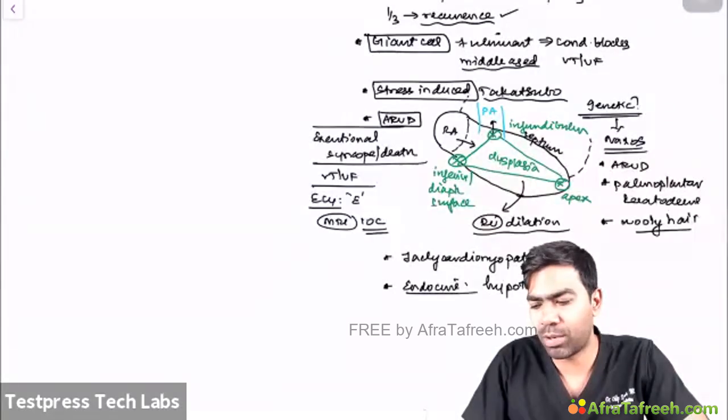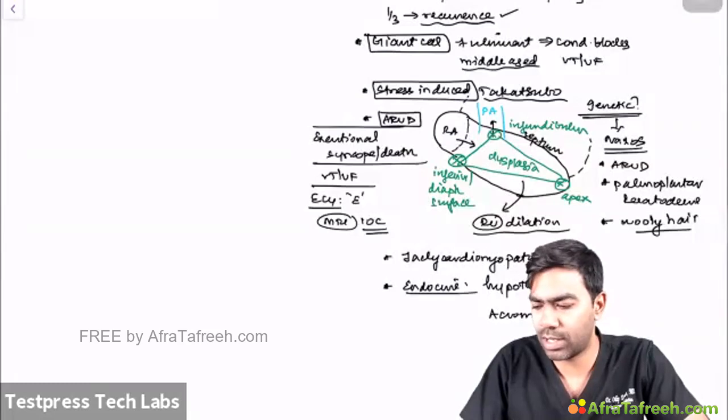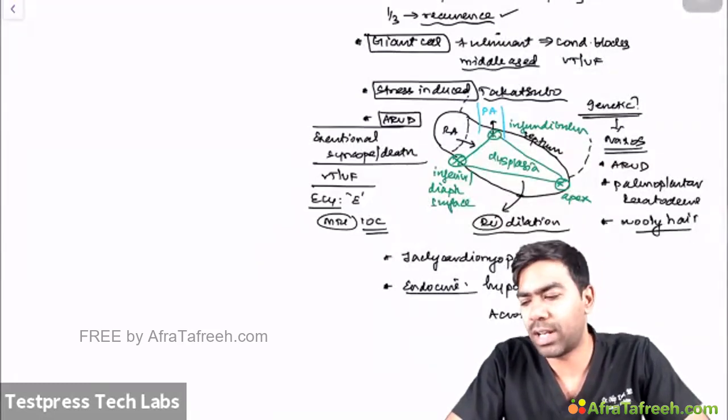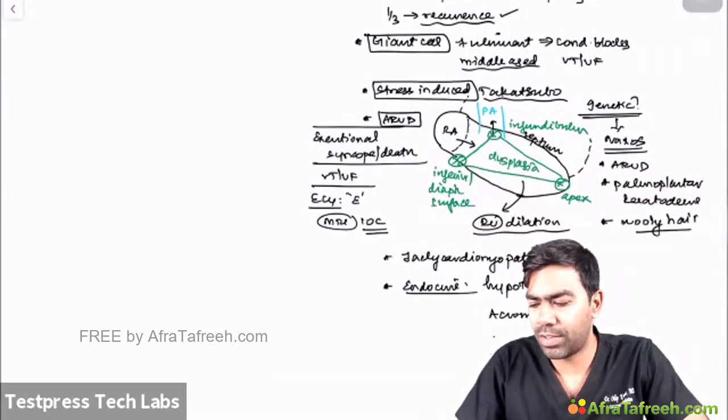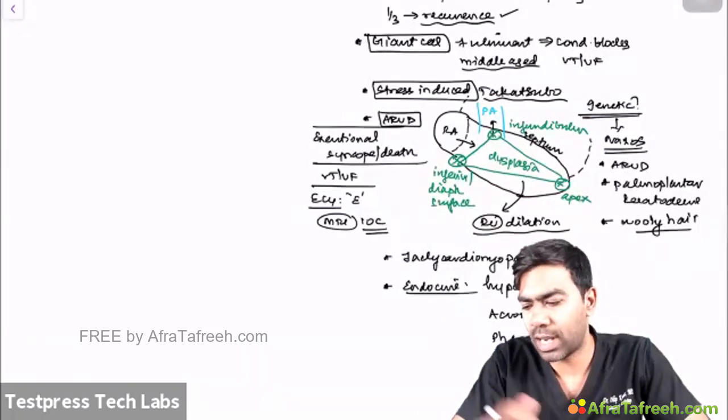Then growth hormone excess, acromegaly, we know. I think I've discussed it in my endocrine section already in the app. So in acromegaly, you have LV enlargement and they can produce a type of cardiomyopathy. And pheochromocytoma, because of continuous catecholamine excess, can produce a form of tachycardiomyopathy.